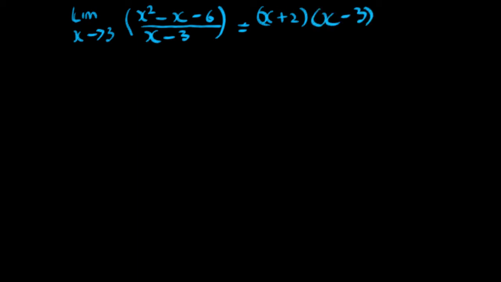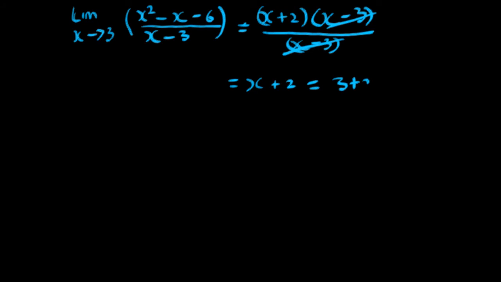That's the factorization of our numerator. At the denominator we have x minus 3. Just like in the previous example, this cancels, and in the end we're going to have x plus 2. Wherever we see x, we put 3, because our limit is as x approaches 3. This will give us 3 plus 2, equal to 5.